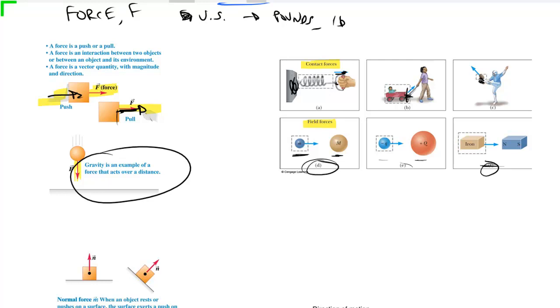So we have contact forces and field forces. The only field force that we will deal with in mechanics is the gravitational force. So just this one here, just gravity. The electrical forces and magnetic forces are covered in electromagnetism, which is Physics 152 next semester.